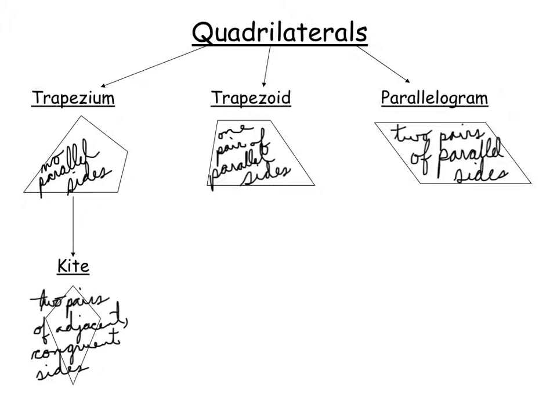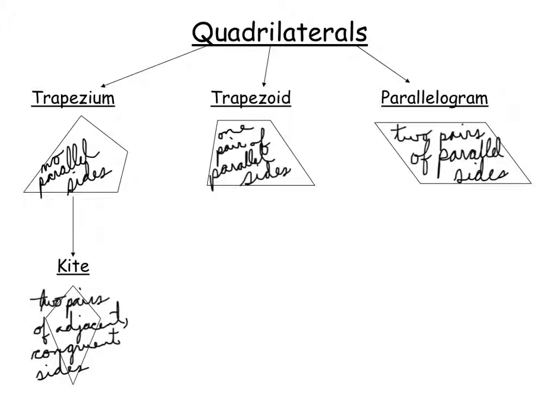Now, a kite is a special type of trapezium, and because of that, it cannot have any parallel sides, which prevents a kite from having all 4 sides congruent. You can only have one pair and the other, but never all 4.